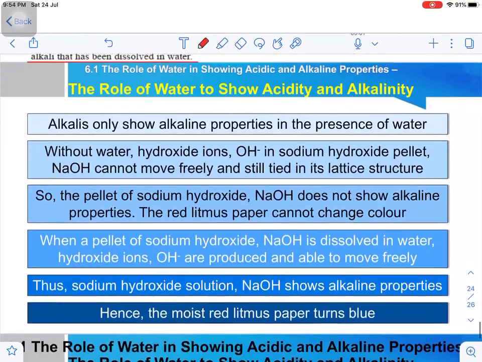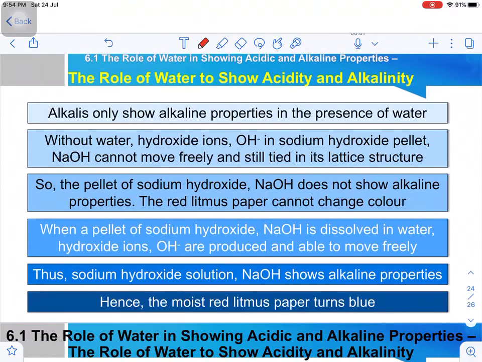So, our conclusion: alkalis only show alkaline properties in the presence of water. Without water, hydroxide ion in sodium hydroxide cannot move freely, so it does not show alkaline properties. The red litmus paper cannot change color. When the pellet of sodium hydroxide dissolves in water, hydroxide ion is produced and able to move freely.